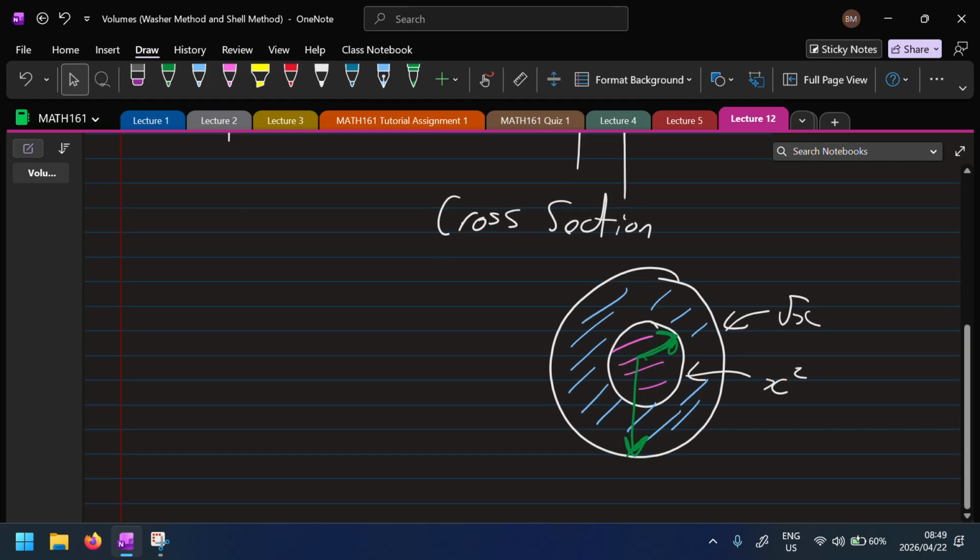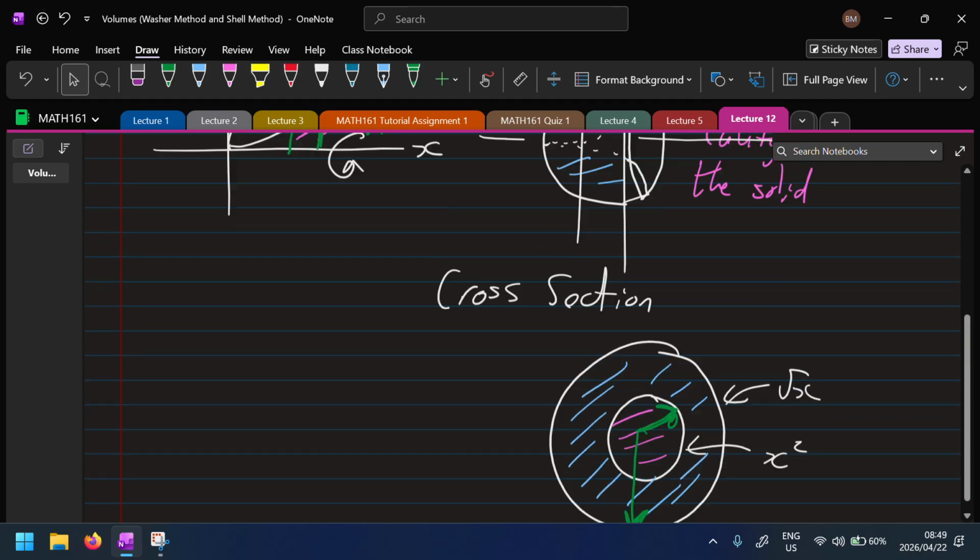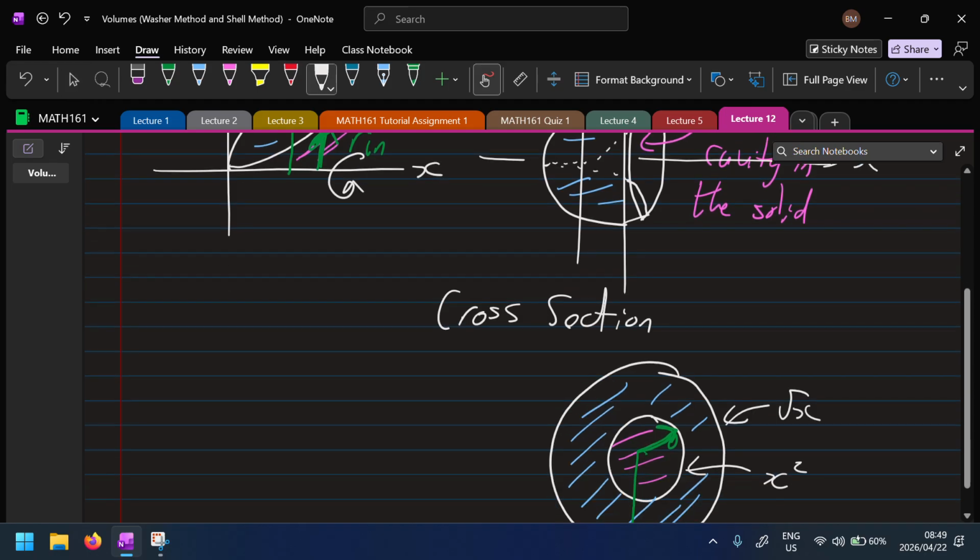Okay, so what's the volume of this going to be? So the volume is going to be the integral from a to b. We'll see what the bounds are in a bit. We need to find the volume of just that blue part, not the pink one. Remember, that's hollow. We must remove that. So we're going to find the volume of the full shape with the outer radius and take away the volume of the smaller shape.